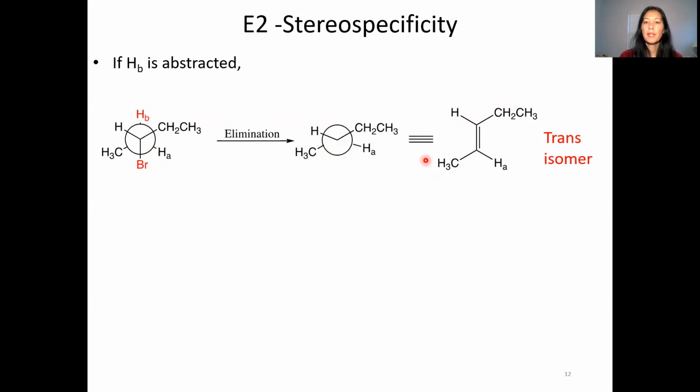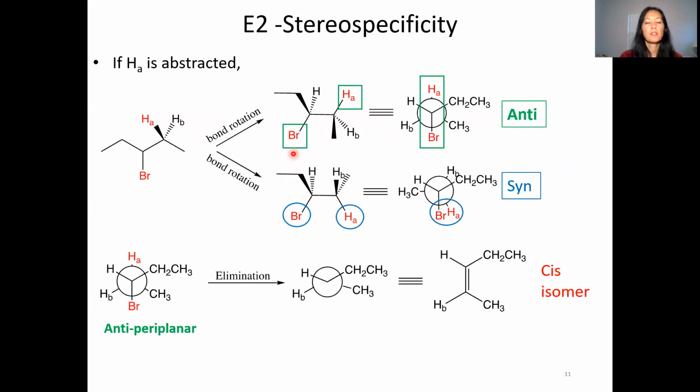So my point is, if you look back here to the original compound, you have a leaving group and then you have two beta hydrogens. If you have two beta hydrogens, you have the potential to generate both cis and trans products. And I already told you that if you have the possibility to make both, the trans is favored.